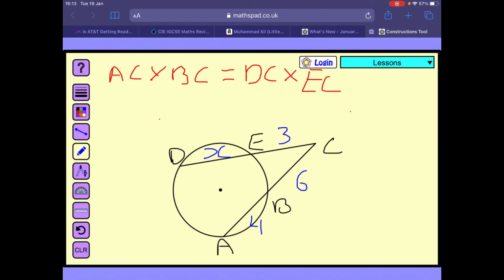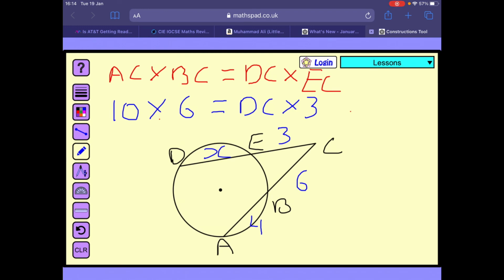So if we apply the intersecting chords theorem, the whole chord AC, well, that's 4 plus 6, which is 10. So 10 times the portion outside, which is 6, must equal DC, which is the whole length, we don't know what that is, times the portion outside, which is 3.